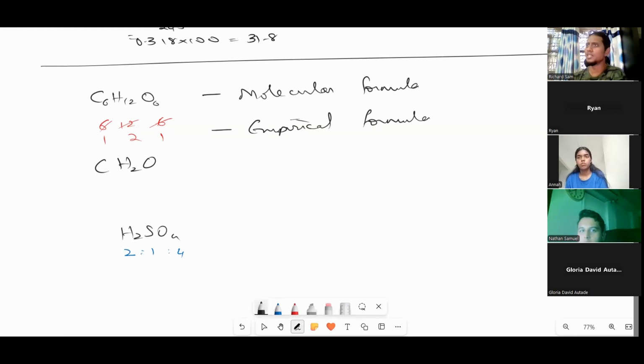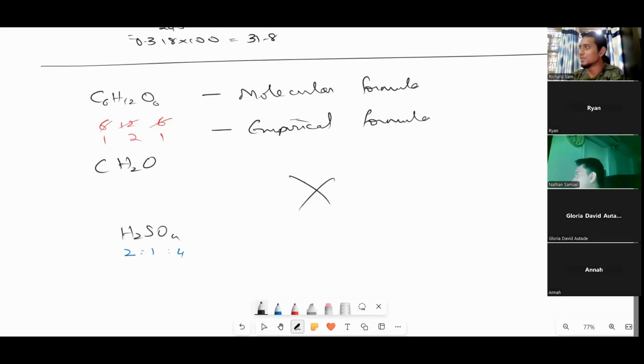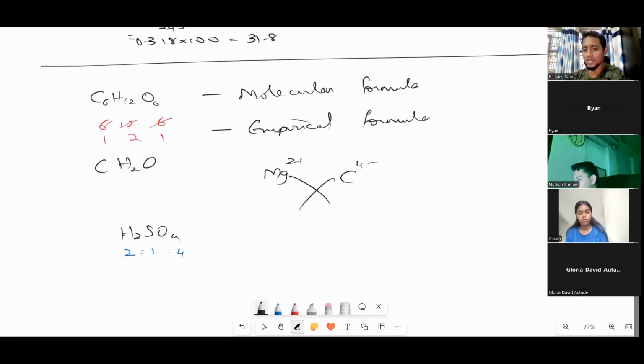Is there any other formula that you can make smaller? No, actually, because when we write it with the crisscross method itself, we cut it there itself. For example, magnesium carbide. Magnesium's valency is 2 plus and carbon is 4 minus. So we don't write it as Mg4C2.